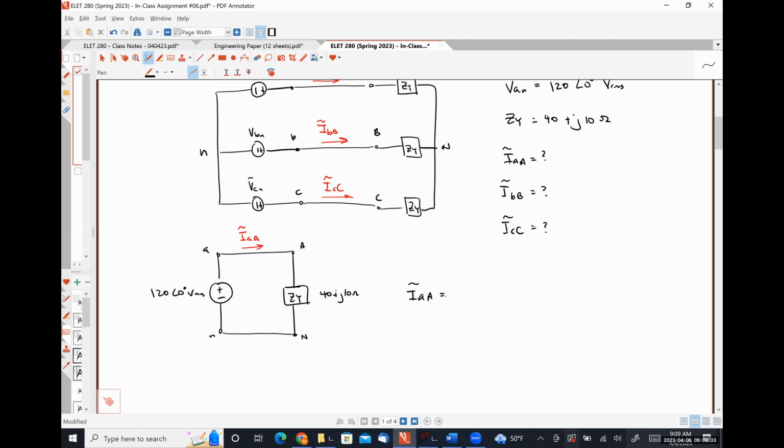Full stop. 120 angle 0 volts RMS divided by 40 plus j10 equals 2.910 angle negative 14.036 degrees amps RMS.